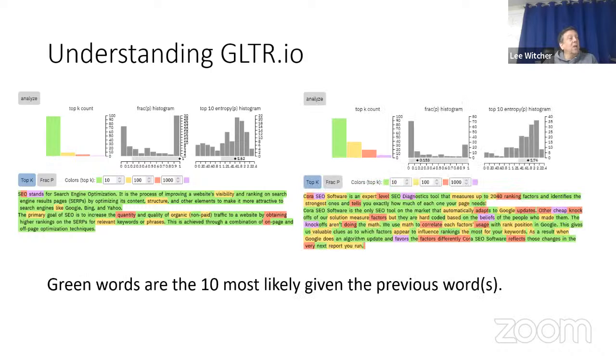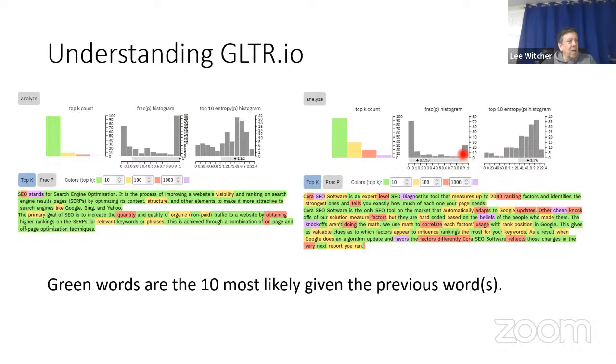So here I chose core SEO software I pulled from Ted's page. And you can see here that there's a lot more red and purple, even the yellow is there. So over here in this histogram, most of the words are predictable with 90 to 100% accuracy, which is very, very green and very, very predictable.